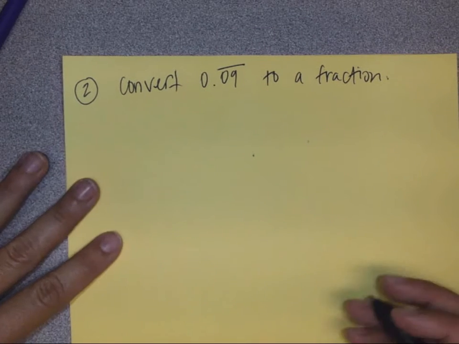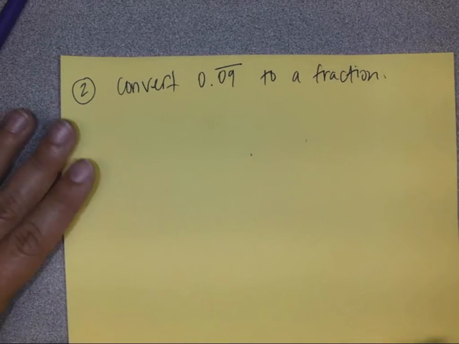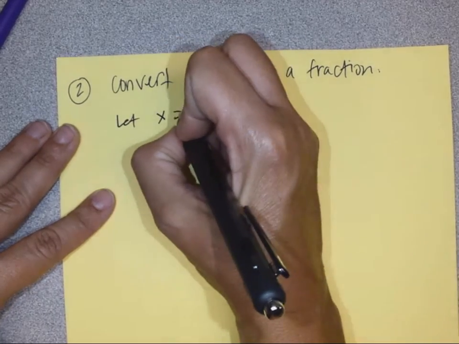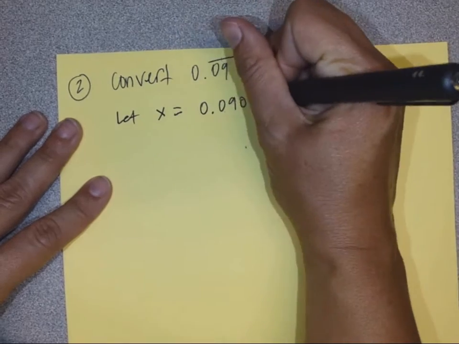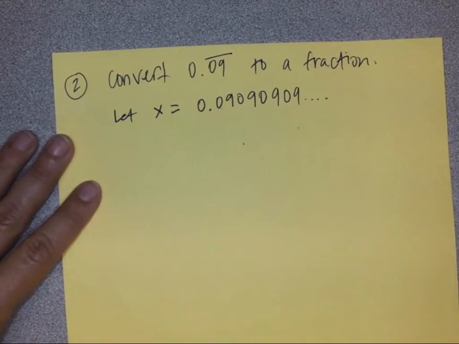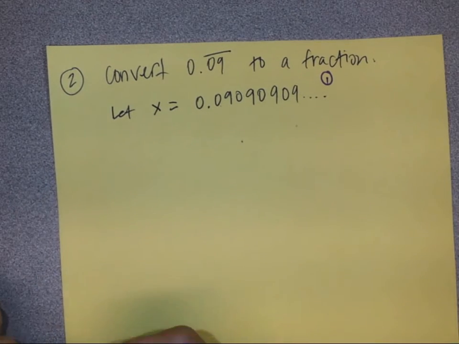So step 1, we need to set our x equal to the repeating decimal. Okay, so we are going to say that let x equal 0.09090909, so on and so forth. Okay, that's equation number 1. And that's step number 1.